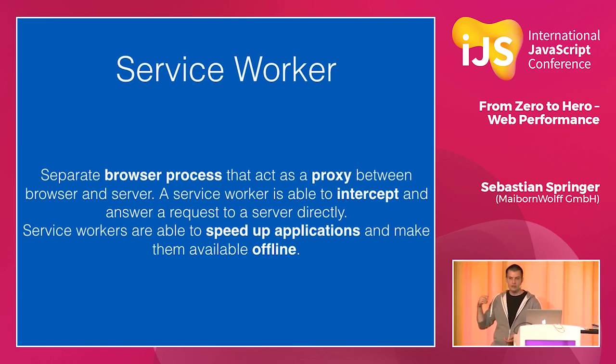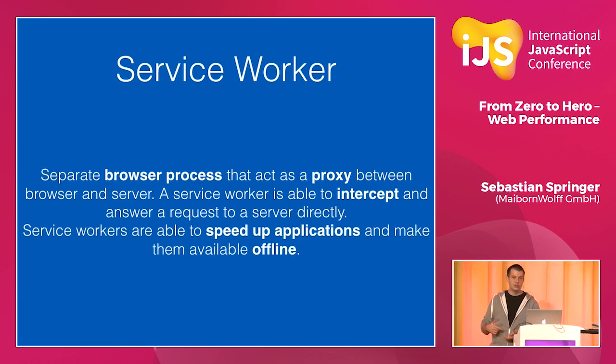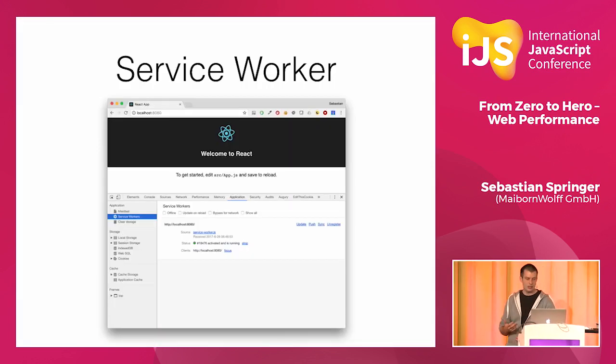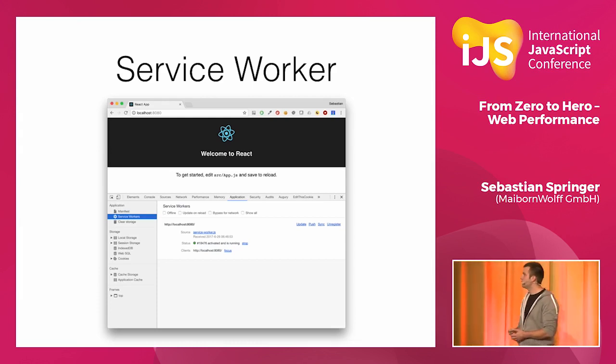And that, in the first line, speeds up your application and is good for offline usage, because if the files are stored offline and you're caching some dynamic values, your application is completely runnable offline.